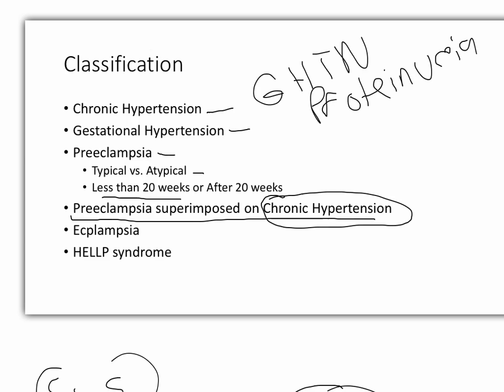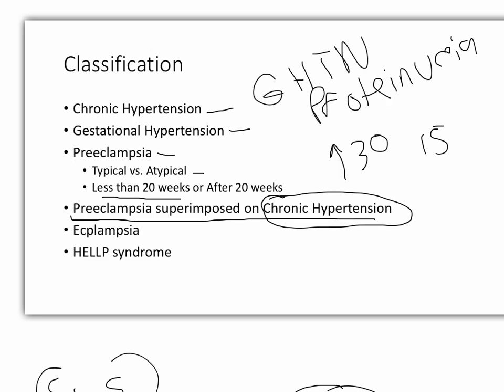How do you know that that preeclampsia is occurring? Now, some sources will say that an increase of blood pressure of 30 for the systolic or 15 for the diastolic can be used to diagnose preeclampsia in cases of chronic hypertension. Other sources disagree with that.